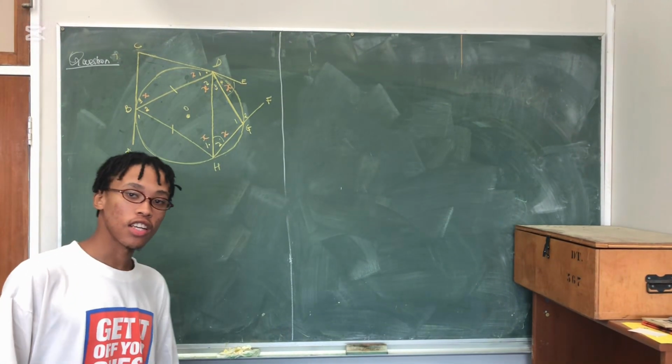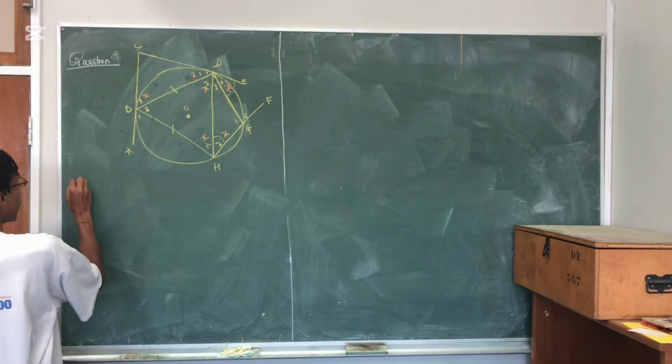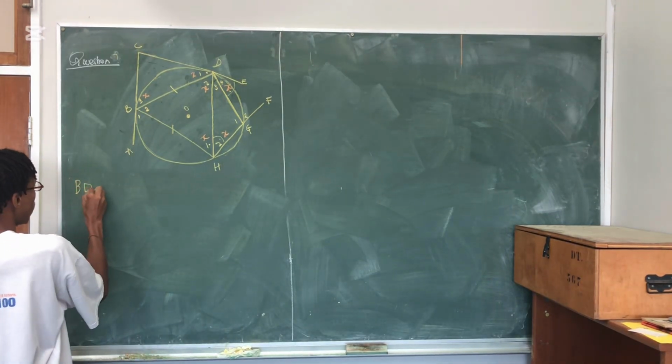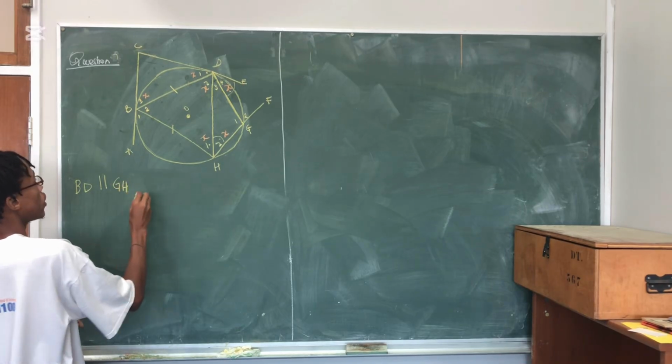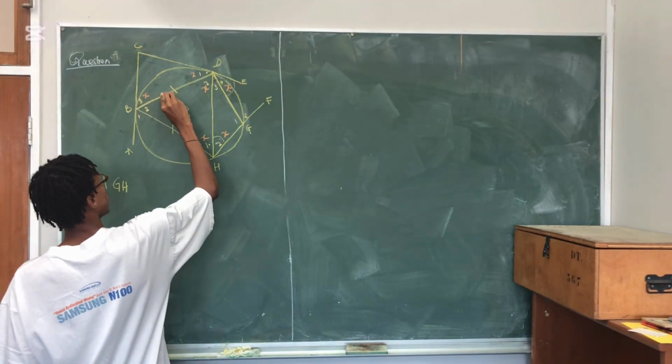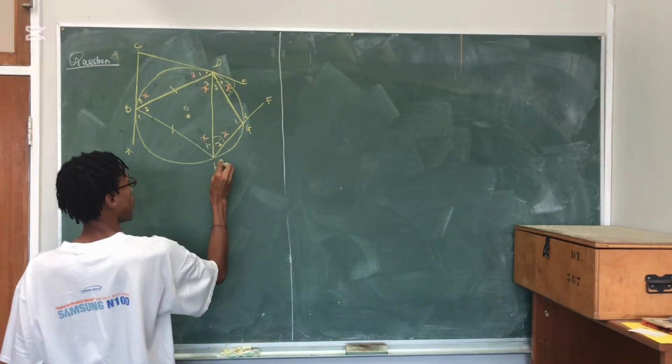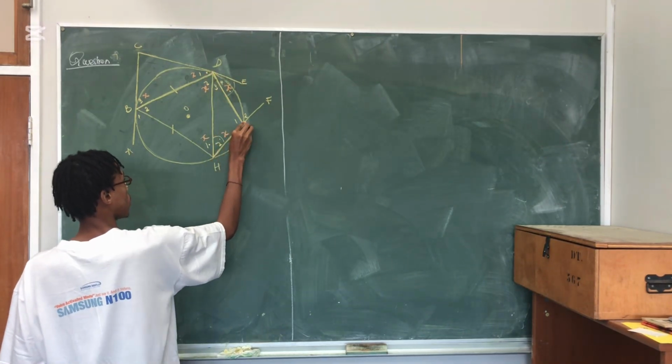The next question is asking us to prove that BD is parallel to GH. This line is parallel to this one.